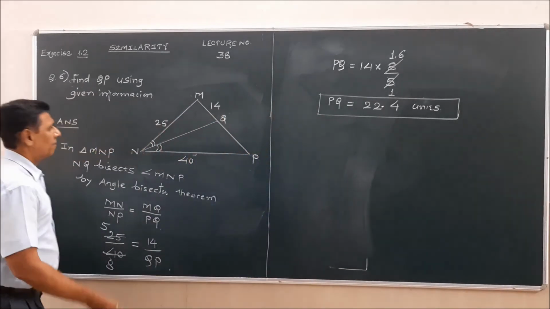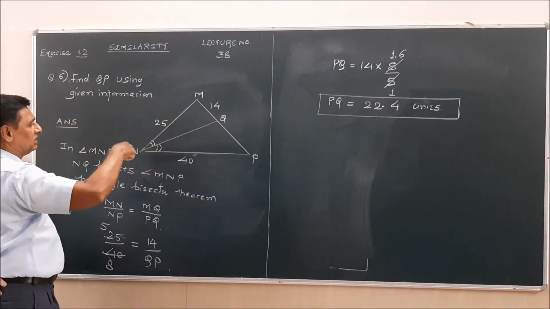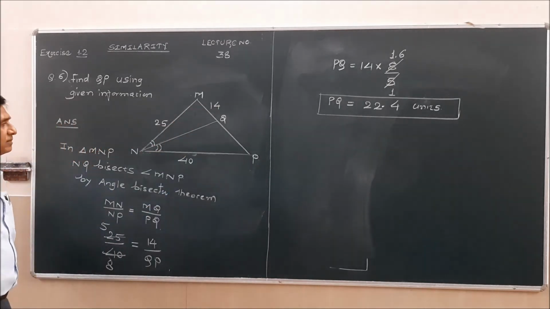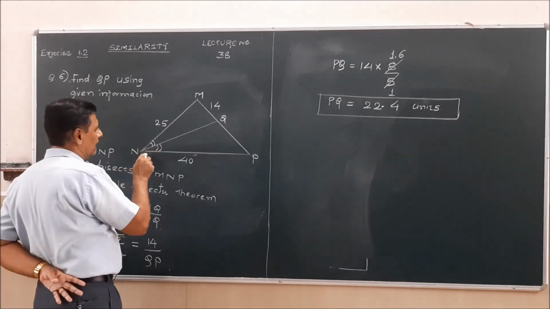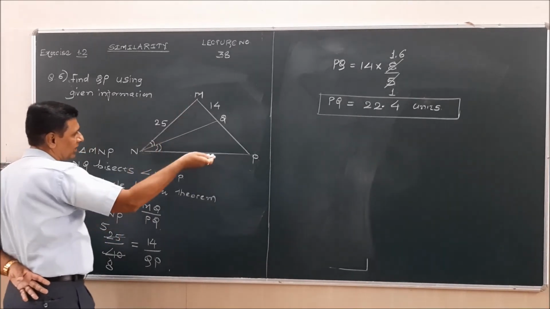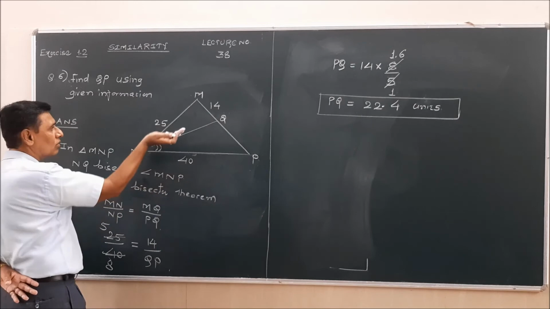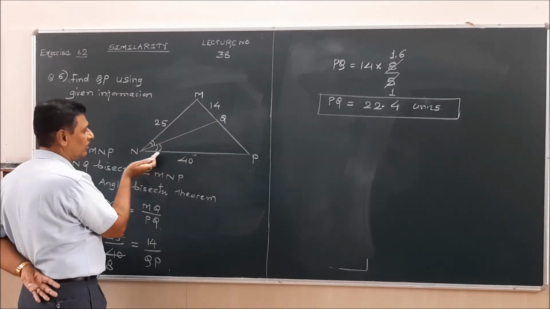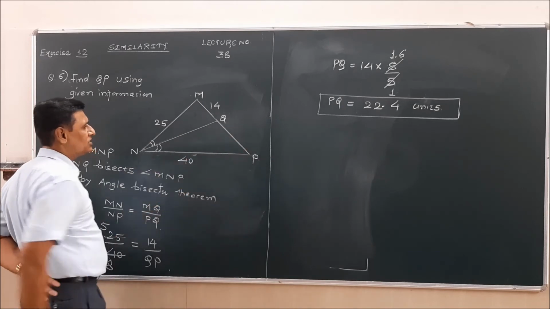Look here again. In triangle MNP, NQ is the angle bisector. Angle N got bisected by NQ. MN upon NP is equal to corresponding parts: in front of NQ, in front of PN is PQ.